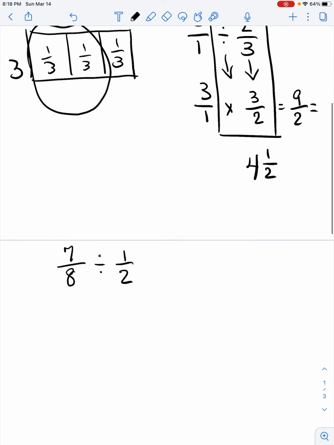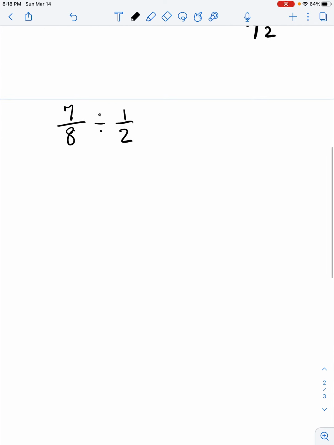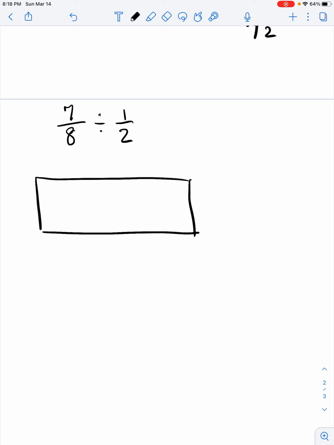Now let's look at a second example. 7/8 divided by 1/2. I'm going to model this a little bit differently. I'm going to make one box because 7/8 is less than 1 whole. So I'm going to divide it into eighths.